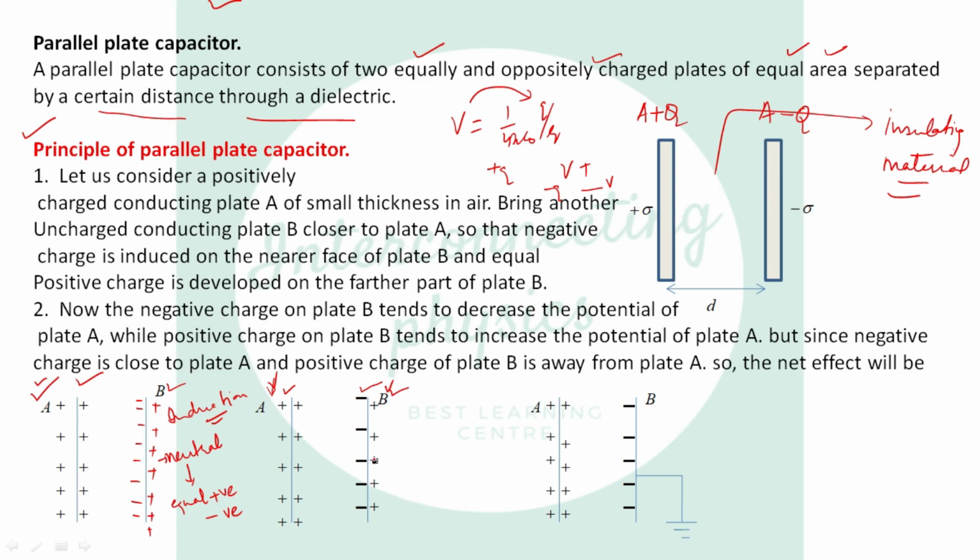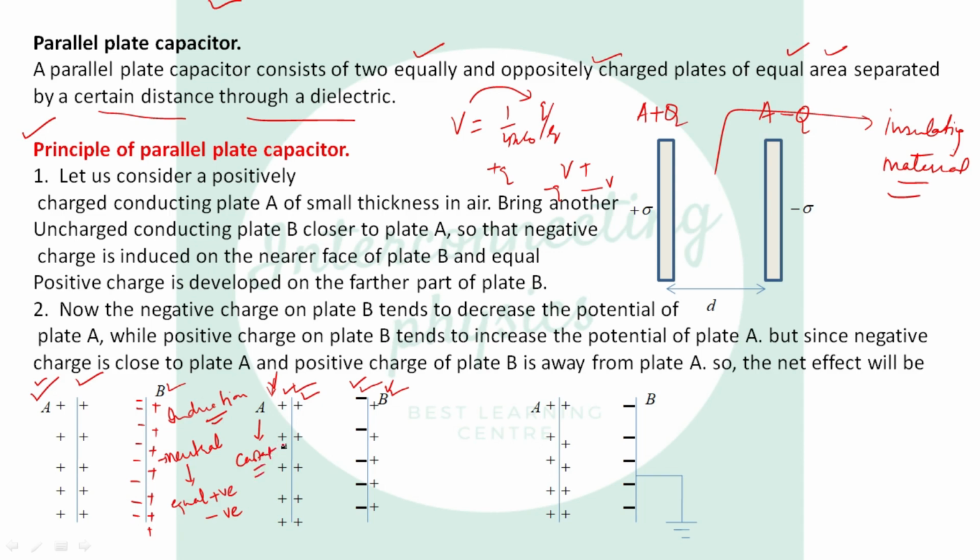So this outer side of plate B will try to increase the potential of A, and this inner side of plate B will try to decrease the potential. And the overall effect will be that plate B will decrease the potential of A. But we have to keep the potential of A constant.